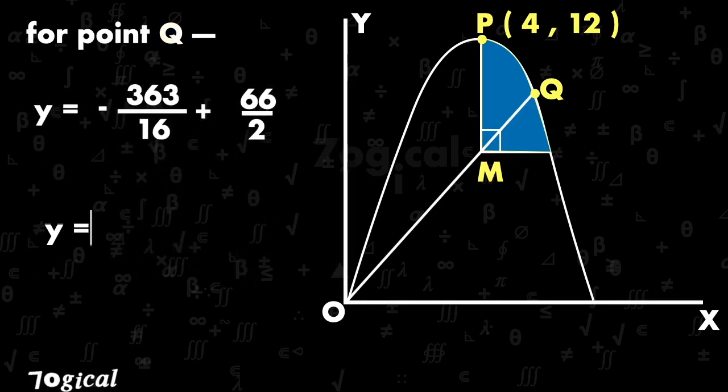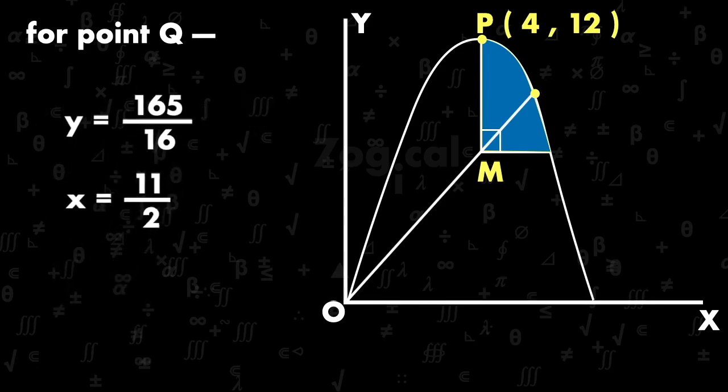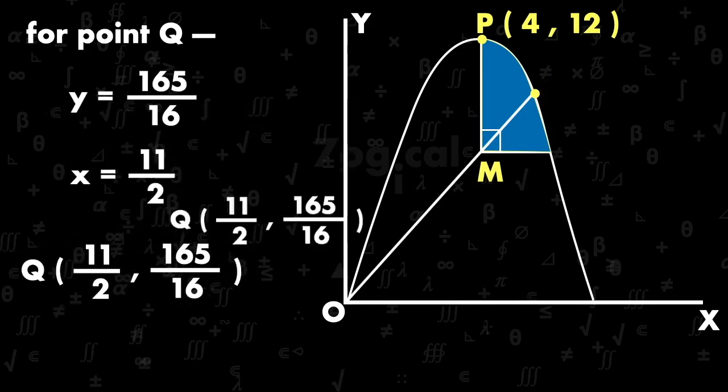On solving, we have y is equal to 165 upon 16 and x is equal to 11 by 2. Then the coordinates of Q are 11 by 2 comma 165 upon 16.